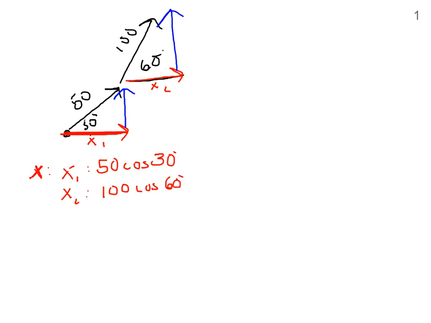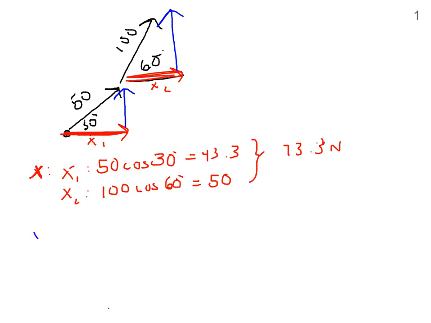So I plug into my calculator 50 cosine 30, and I get 43.3. And I plug in 100 cosine 60, and I get 50. Together, overall, we have a total x component of 73.3 newtons. Since they're both in the same direction, I can add them together like I did.